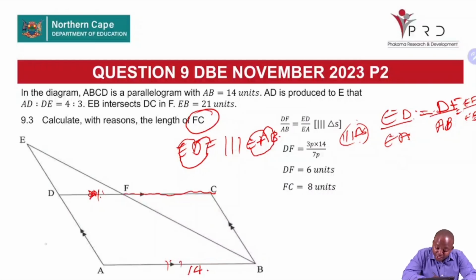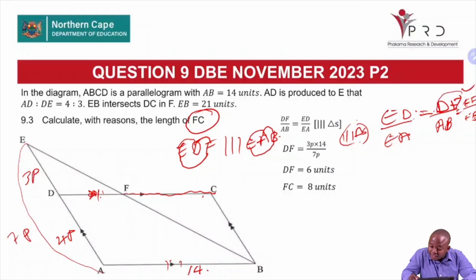Remember, this is 3P, this was 4P, so from the first question, this was 7P. FC falls on DF, so this AB over DF will come into play.